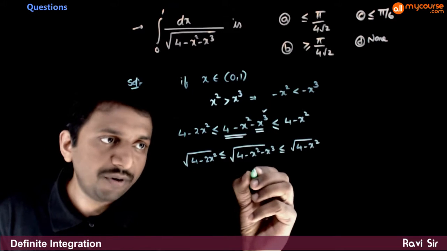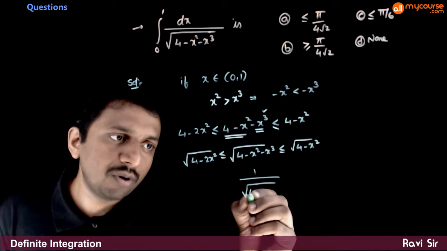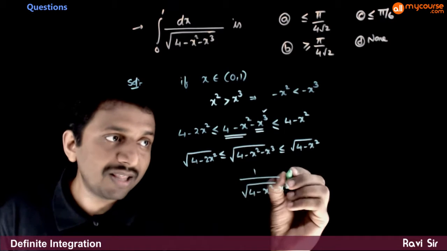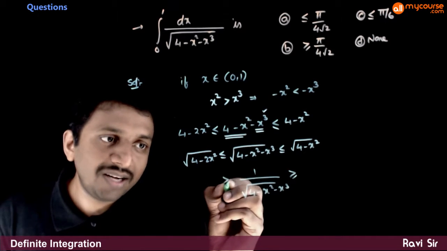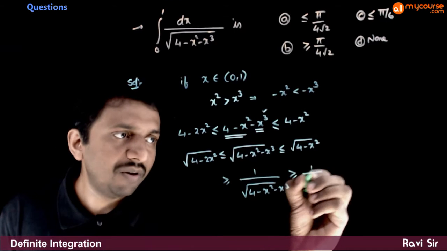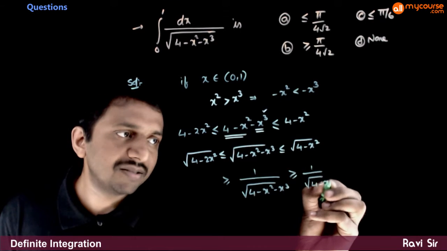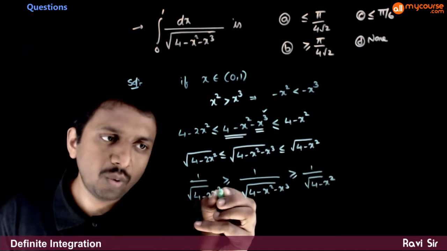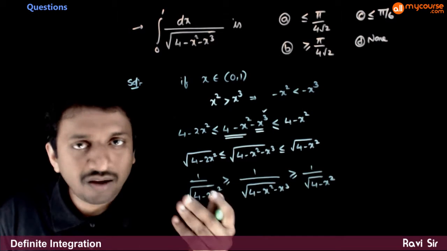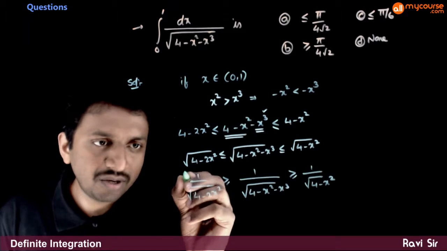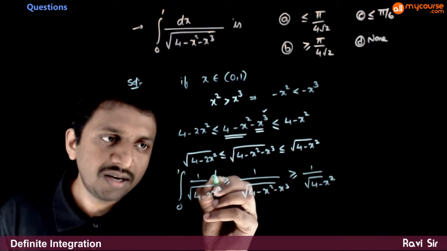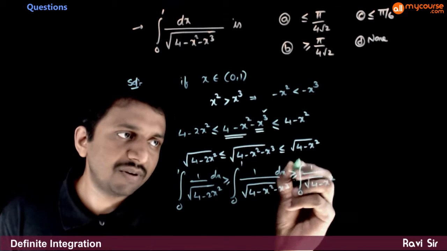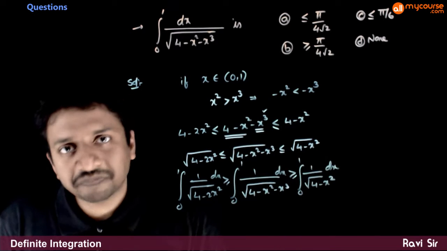If you do the reciprocal, the sign of the inequality reverses. So 1 by root of 4 minus x square minus x cube is in between 1 by root of 4 minus x square and 1 by root of 4 minus 2x square. Now I'll integrate all the three, from 0 to 1 dx.